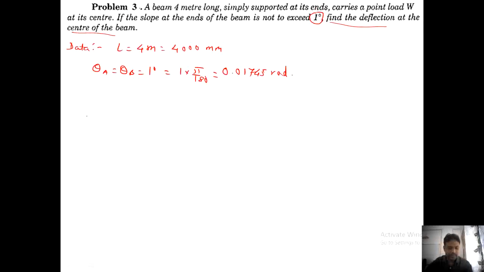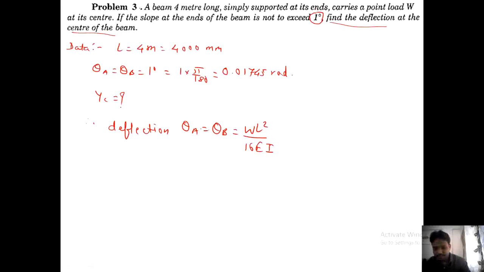Now what is to be calculated? Deflection. So YC equal to what? And again we don't know the load here. So what is given and for which parameter we have the formula, that is the deflection. So we know the deflection as well as we know the formula. Hence, theta A or theta B is given as WL square by 16 EI.